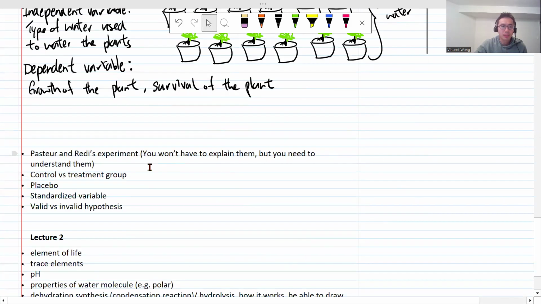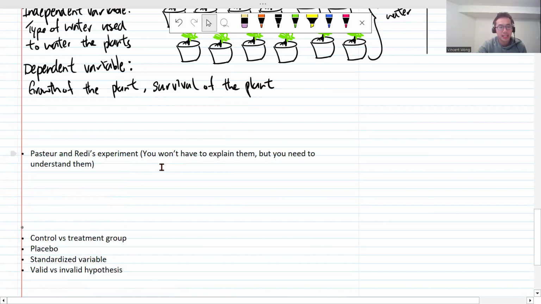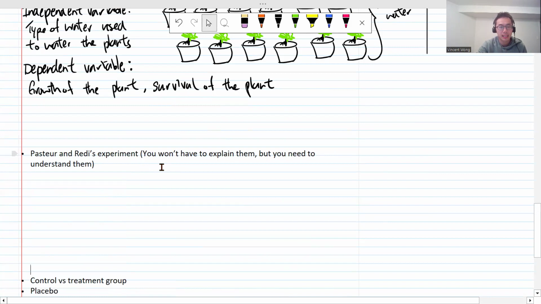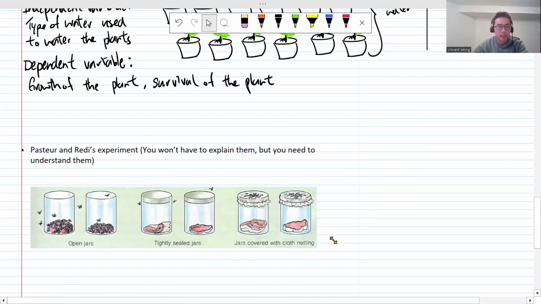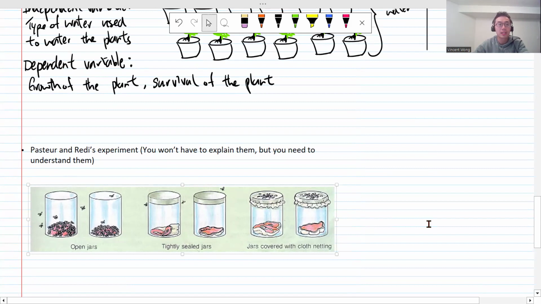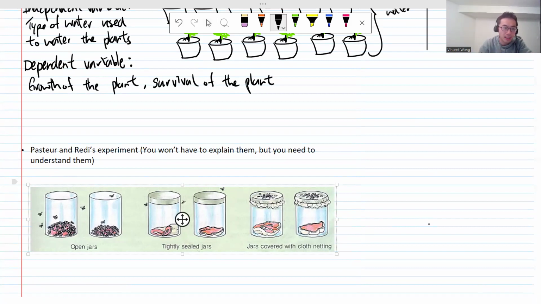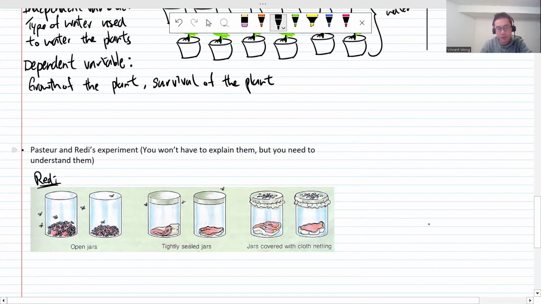Then we talked about Pasteur's and Redi's experiments. Like I said in class, you are not going to have to explain them, but you definitely need to have a good understanding of what they are. For example, here is Pasteur and Redi. This one is Redi's experiment, the piece of meat guy with the flies, Francesco Redi.